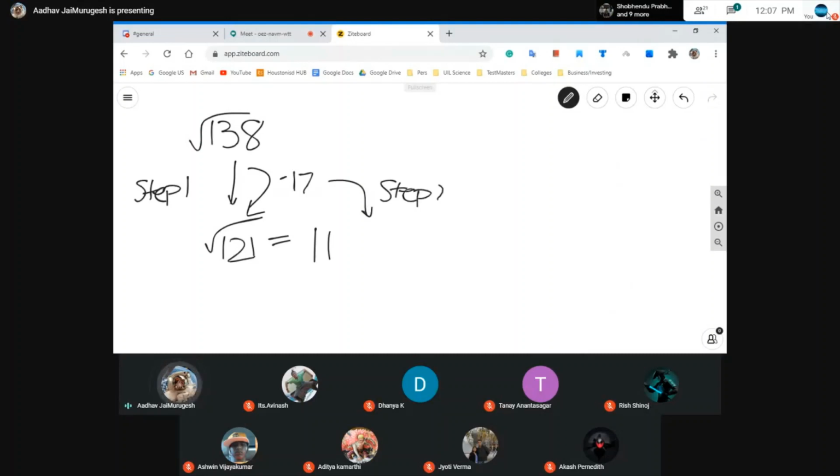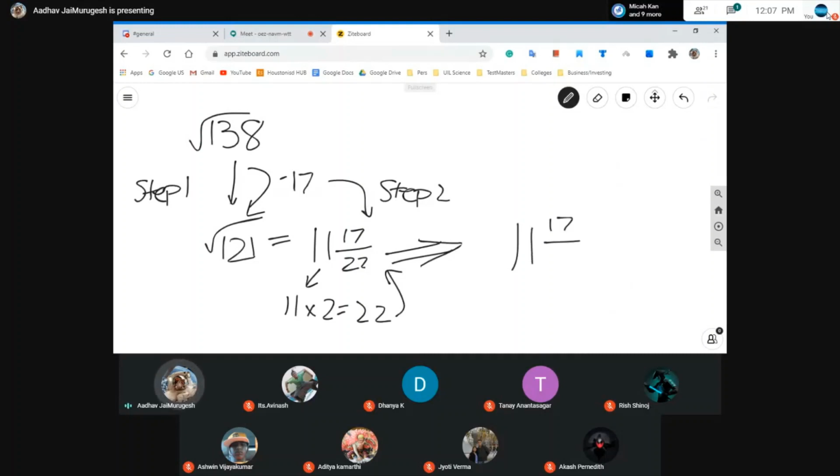And step three is going to be getting this number over here and doubling that. So doing 11 times 2, you will get an answer of 22. Then that is going to be the denominator, and the final answer you get is going to be 17 over 22.